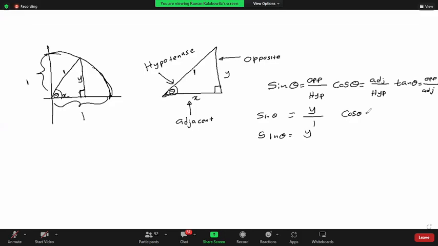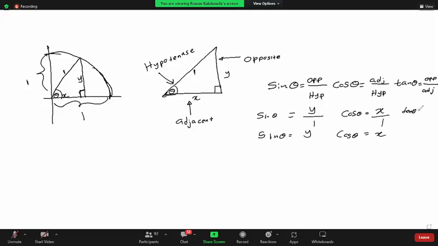Here, what is cos theta? Adjacent is x, and the hypotenuse is equal to 1. Now we are doing some things in geometry, right? Using geometry, we are going to define some relationships. Cos theta is equal to x.